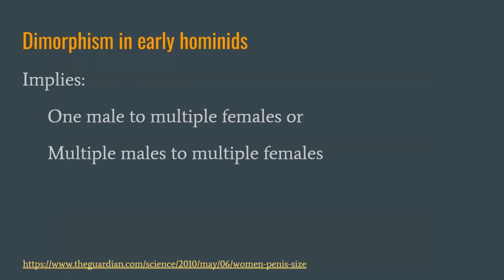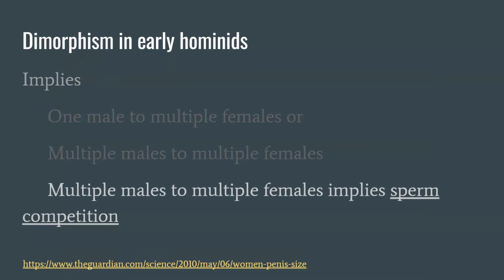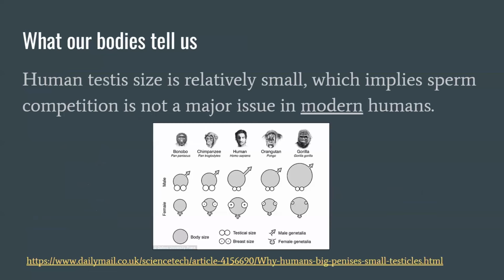It was probably high dimorphism, meaning that the males fought for the right to mate. And it might also imply that later on, multiple males mated with multiple females. And we can look for the evidence, because if multiple males mated with multiple females, that implies sperm competition. Any sign of that would tell us whether that happened or not.